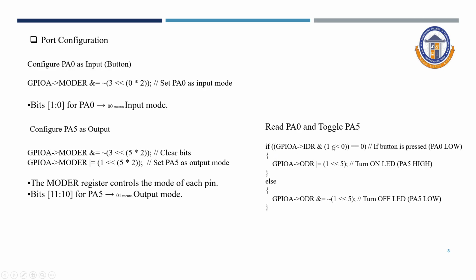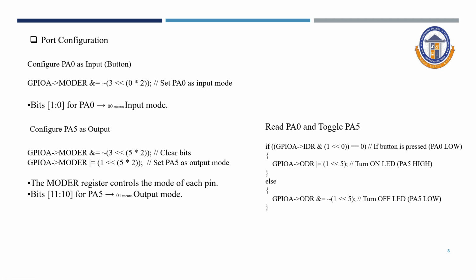We check the condition of the input data register: if it is 0, meaning the button is pressed and the port A0 pin is low, then the ODR turns on the LED, for example port A fifth pin high, else it turns off the LED, port A5.